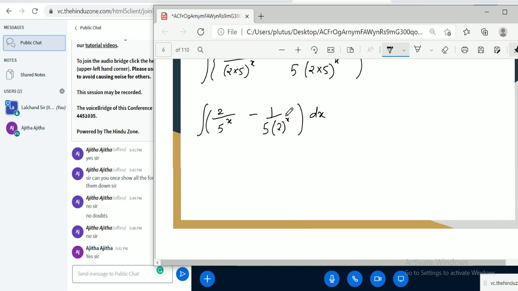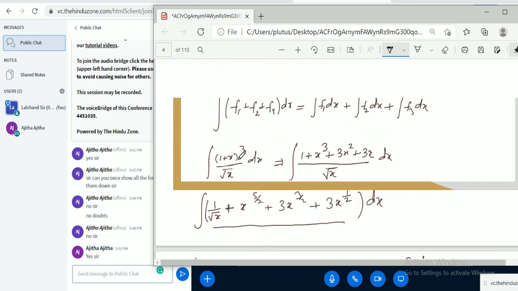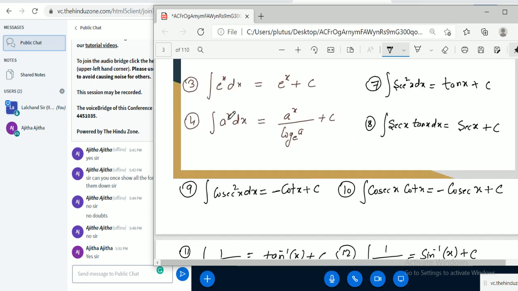So if we integrate this, this will be 2 into 5 to the power minus x into dx, minus 1 by 5 into 2 to the power minus x into dx, isn't it? So what is the integral of a to the power x here, based on this formula?